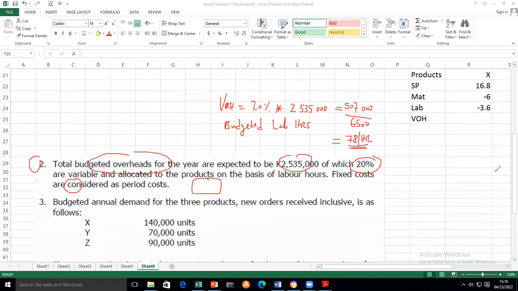So let's absorb now. I hope you have all followed what we have done. So the variable overhead absorption rate is what we calculated here.